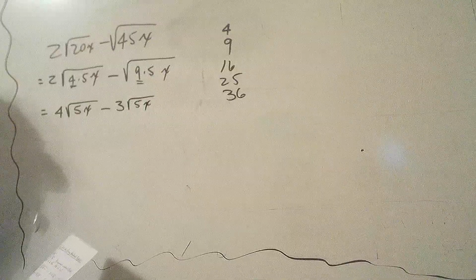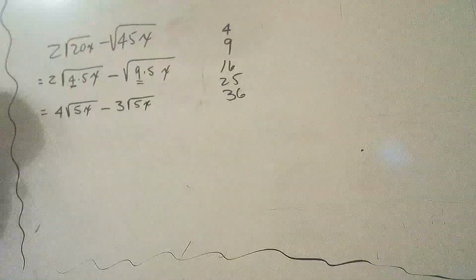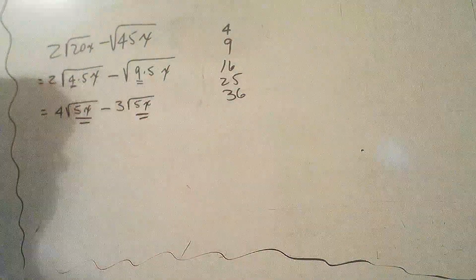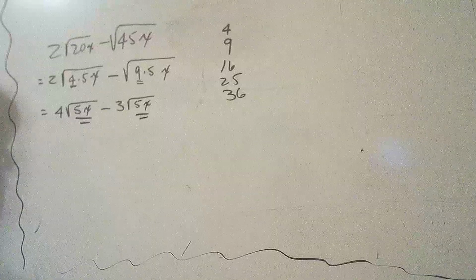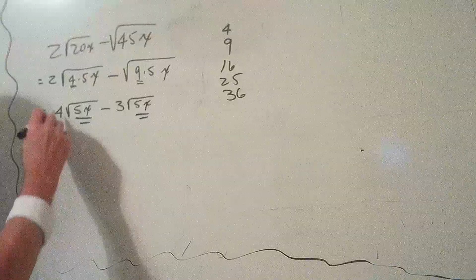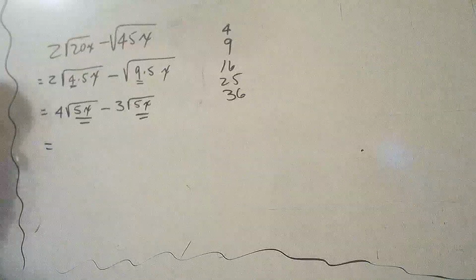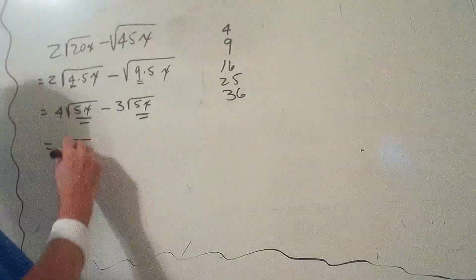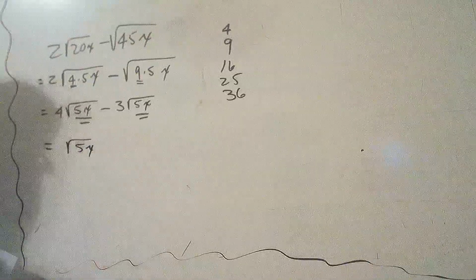Now, are these like terms? Yes, because the radicands are the same and the indexes are the same. So this is going to equal 4 minus 3, which is 1. So it's the square root of 5x.